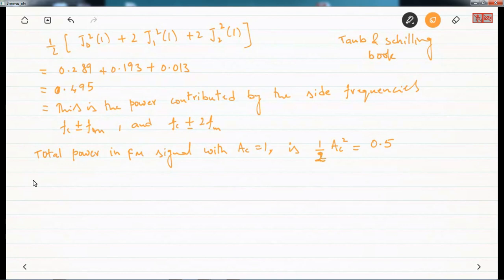So 0.495 is how much? 99% of 0.5. So what does that mean?